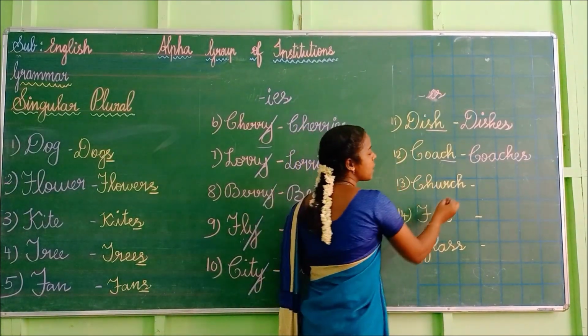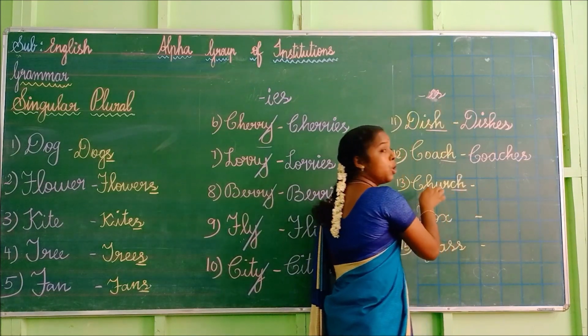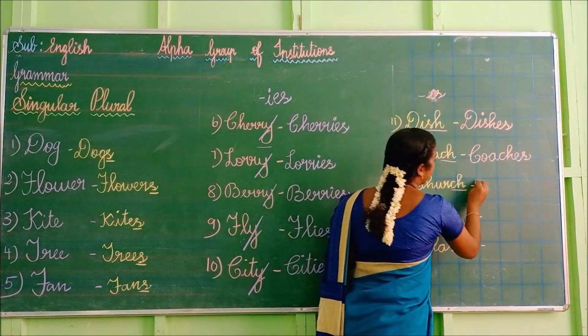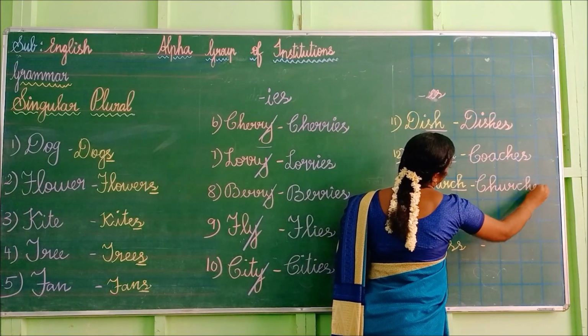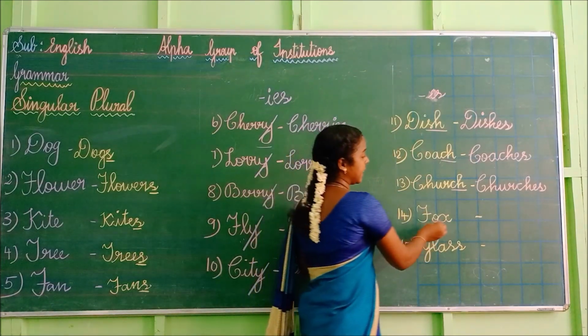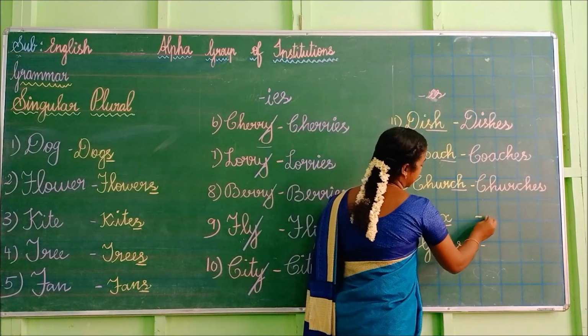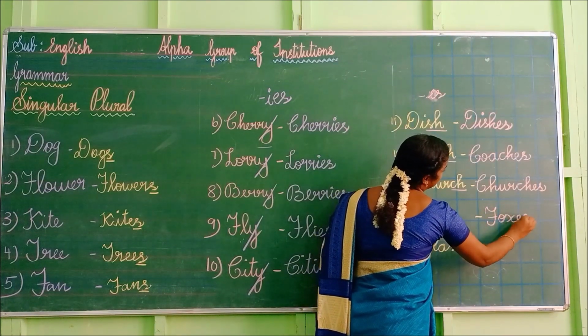Church. Church also ends with the letters CH. So we have to add ES to the singular noun to make the singular into plural. Churches. Next one, fox. Fox ends with the letter X. So we have to add ES. F-O-X-E-S.